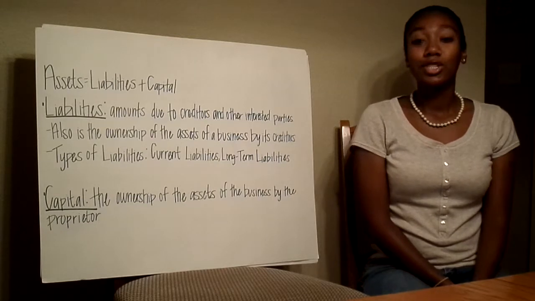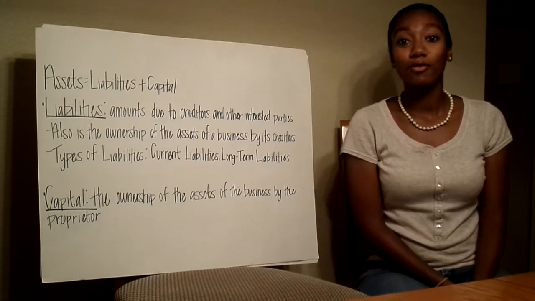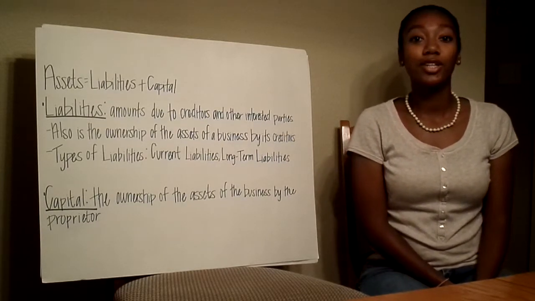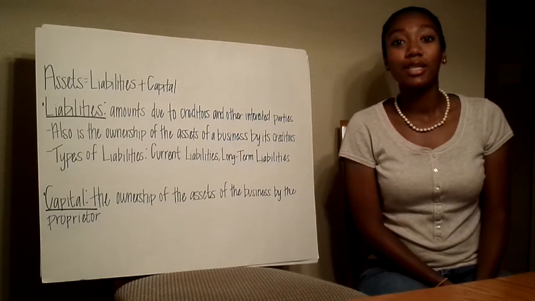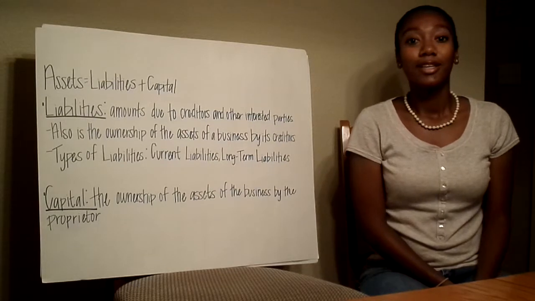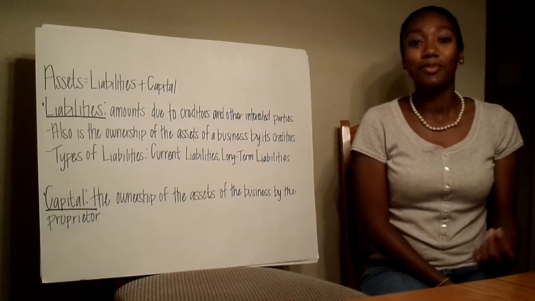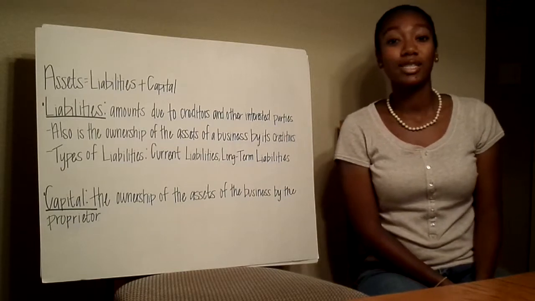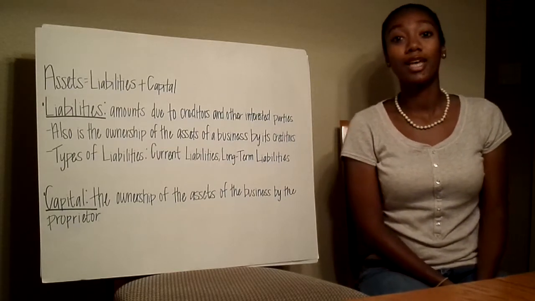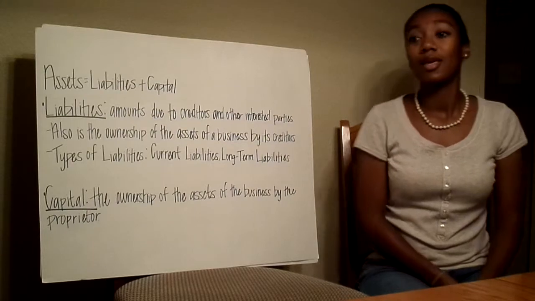Capital is the ownership of assets of a business by the proprietor or the owner of the business. In this situation, the proprietor starts the business. When the proprietor starts the business, they contribute assets such as cash, supplies, or equipment to the business.